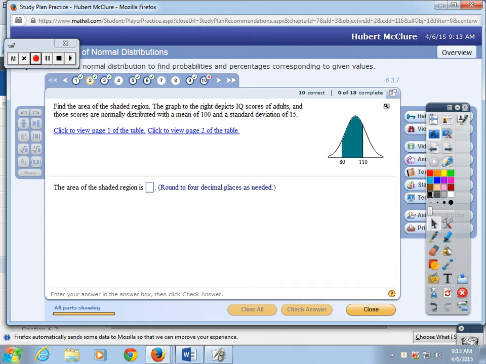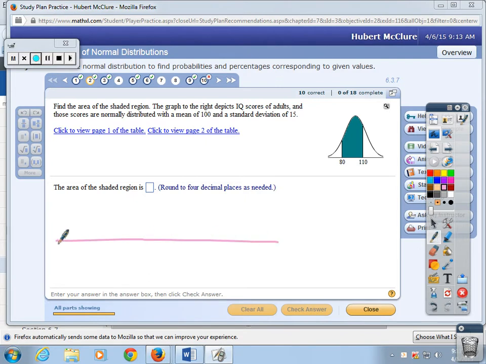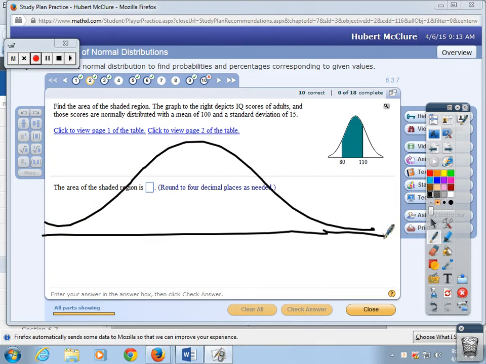So, the first thing you do is you draw a picture. And always do 2 standard deviations, and of course if you have to draw these every single time, you're going to get sick of doing it.